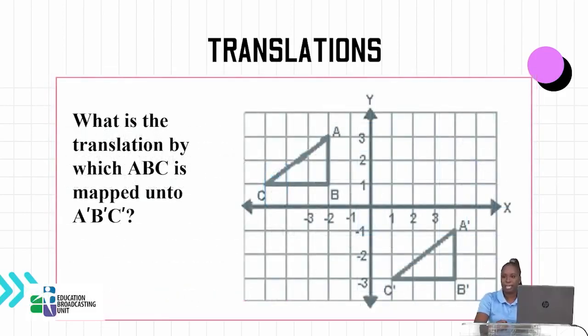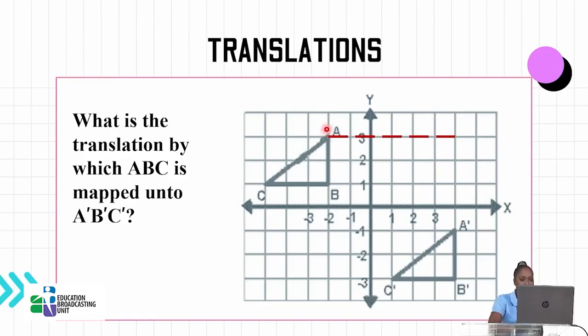Here's another example. We have 2 triangles on the screen, A, B, C once again, A prime, B prime, and C prime. This question wants to know what is the translation by which ABC is mapped onto A prime, B prime, C prime. So let's see. First, it would be moving to the right.